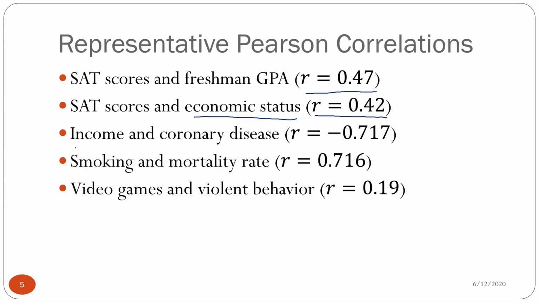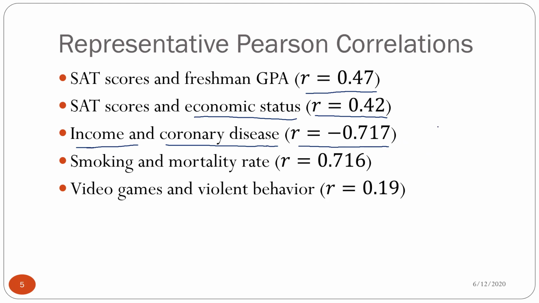So income and coronary disease, right? When you have the income of different people, and then you're looking at the history, do they have coronary disease or not, it was found that the correlation coefficient was negative, minus 0.717. So what's the reason?